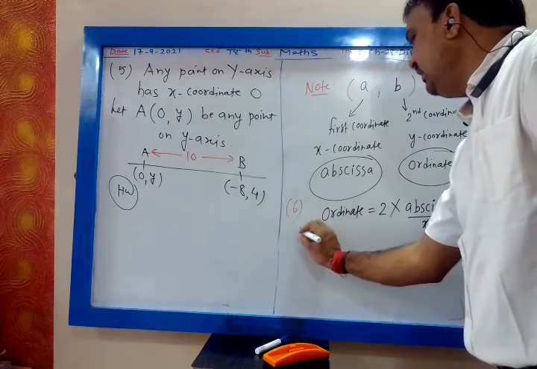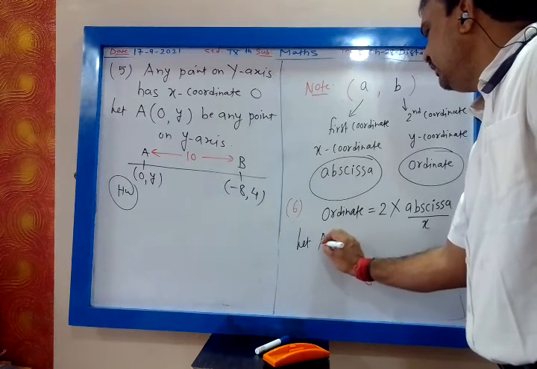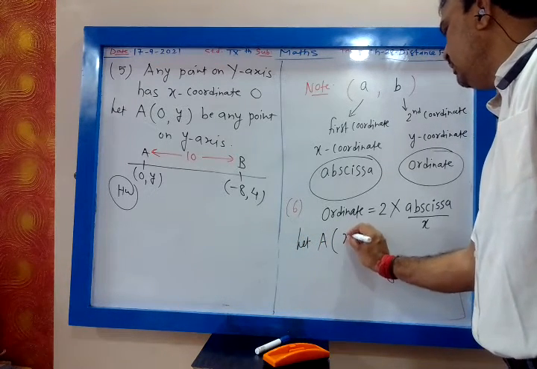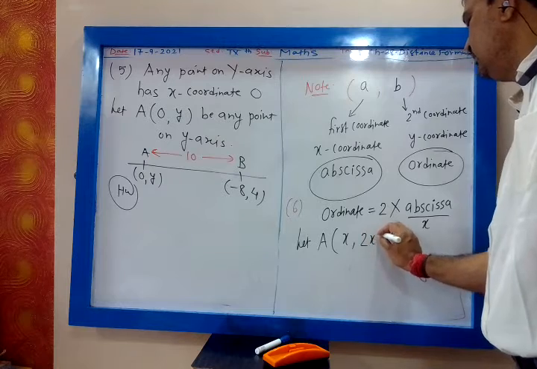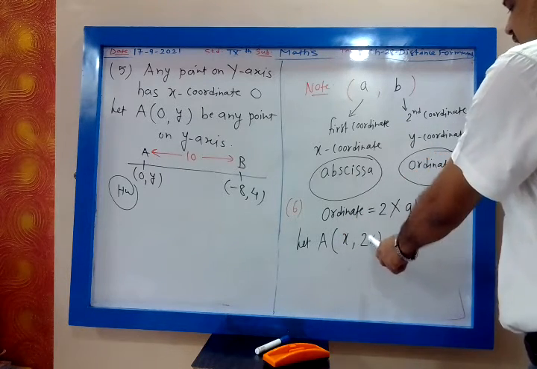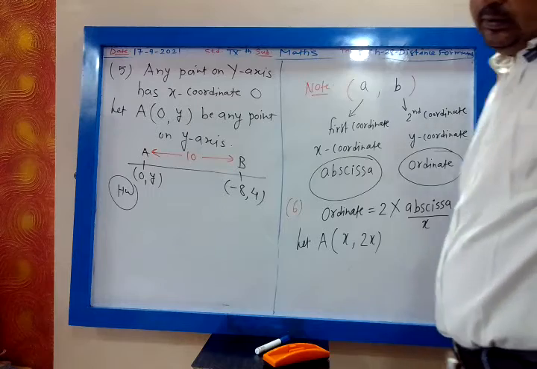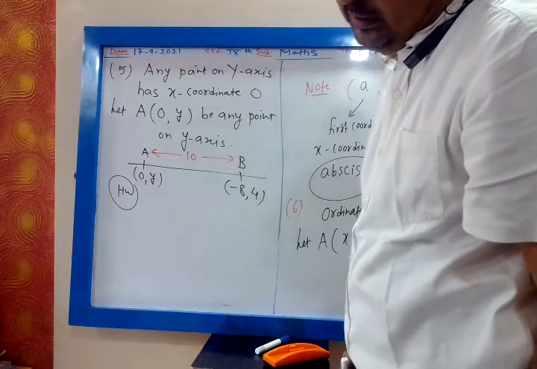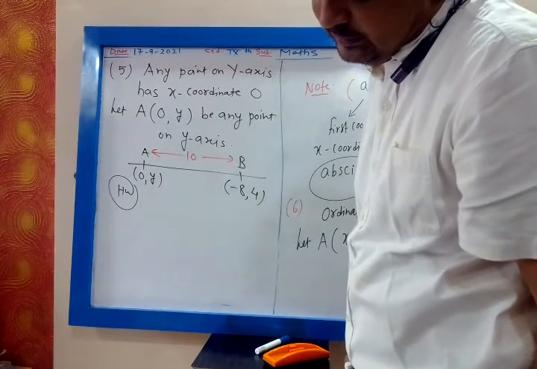So let A be the point x comma 2x. Abscissa means first coordinate. Ordinate means second coordinate.